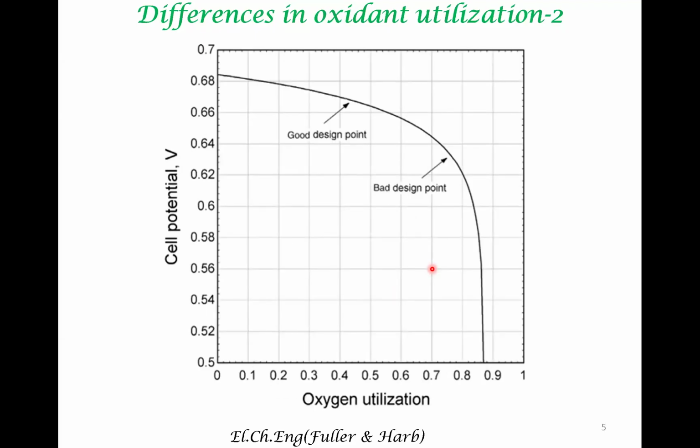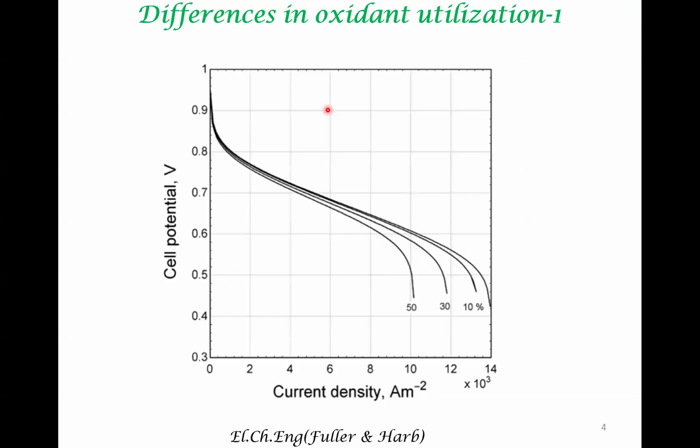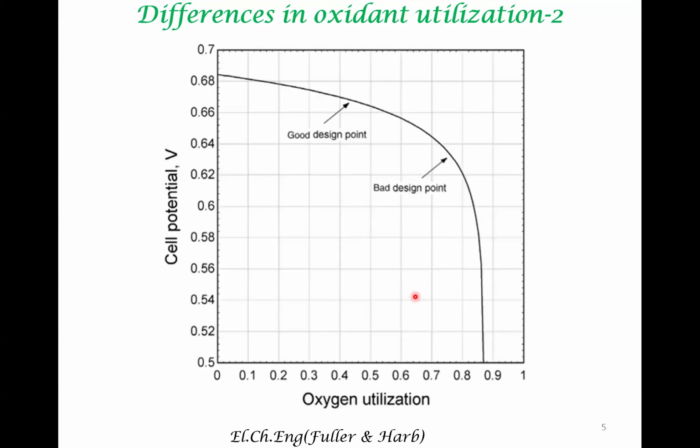A good design point to operate at is a point where no part of the fuel cell electrode is in the activation overpotential region. You do not want to be utilizing too much oxygen, because some parts of the electrode surface will have very little oxygen, and those parts will be in the concentration or transport overpotential region where the potential losses are significant.